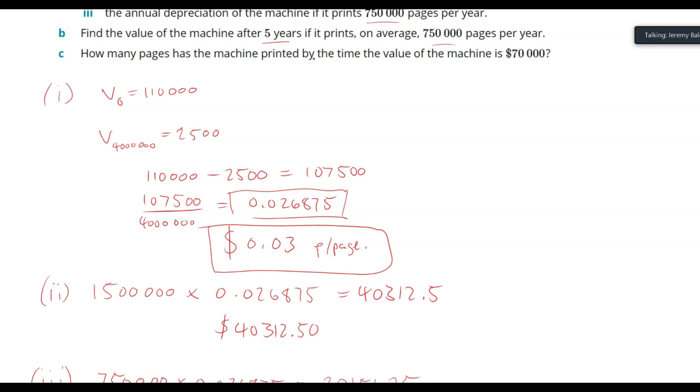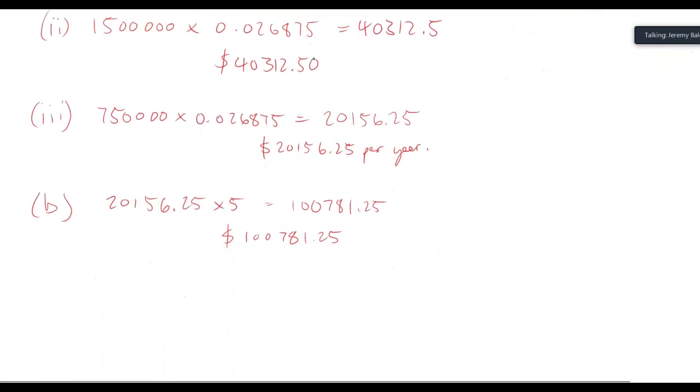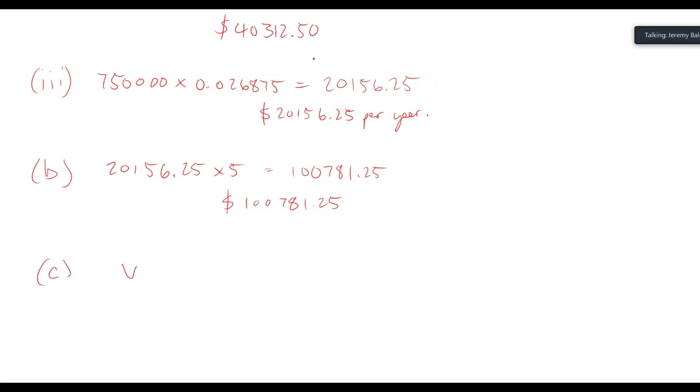Last one, how many pages has the machine printed by the time it hits 70,000? So this is where you're homing in on a new value of Vn, a future value. Vn, future value. And so to do this, you need to use a rule. In this case, the rule is Vn equals V0 minus 0.026875 times n.